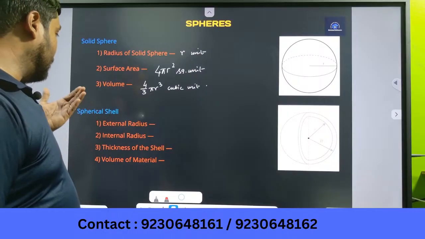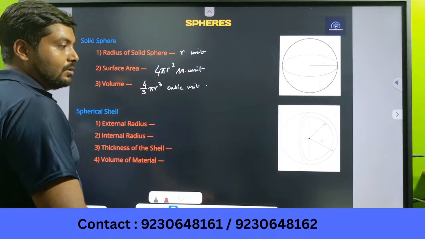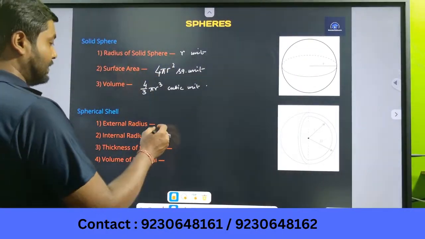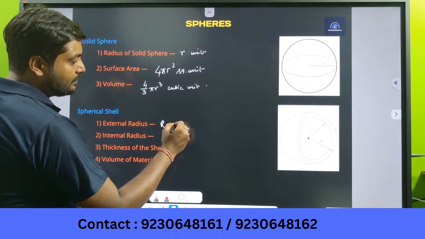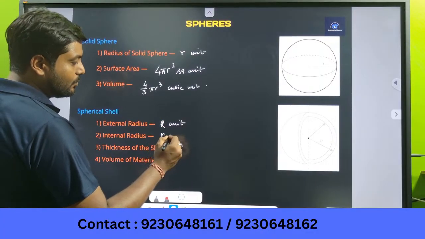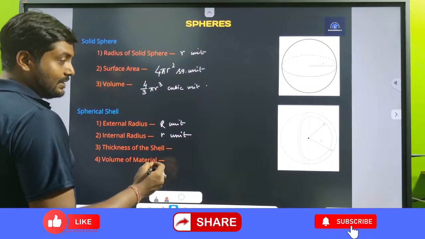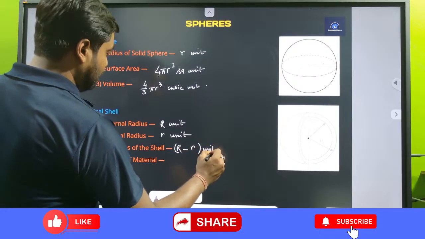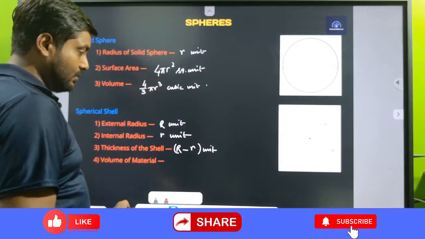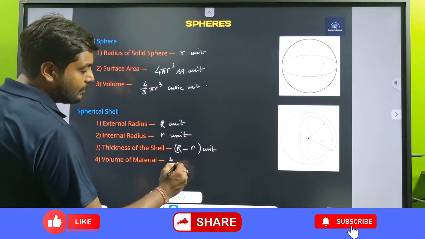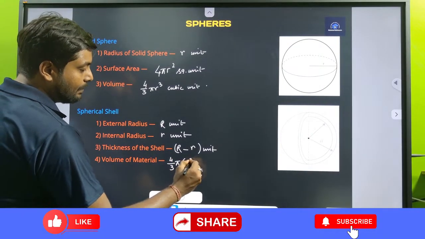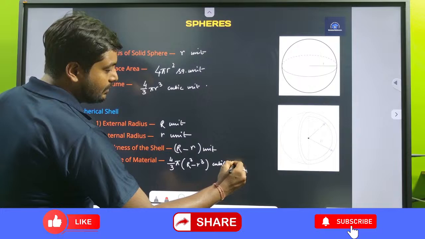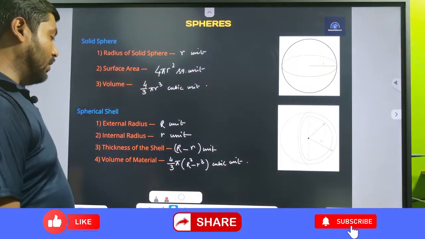For the spherical shell, here also there will be an external radius and internal radius. So the external radius is capital R unit, the internal radius is small r unit, the thickness of the shell will be capital R minus small r unit, and the volume of the material will be 4/3 pi capital R cube minus small r cube cubic unit. This is the volume of the material.